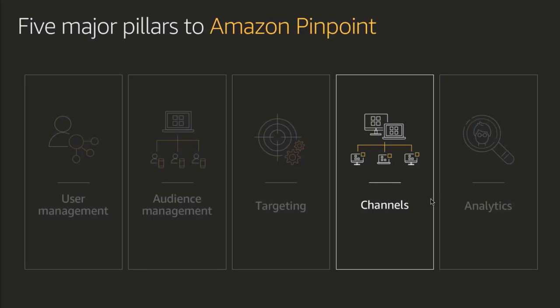I think that's an important call out because our customers tell us they want to engage with their customers over the channel they prefer. So Amazon Pinpoint gives you that flexibility to look across the different channels and determine what's best for your business, what's best for the use case you're trying to drive.